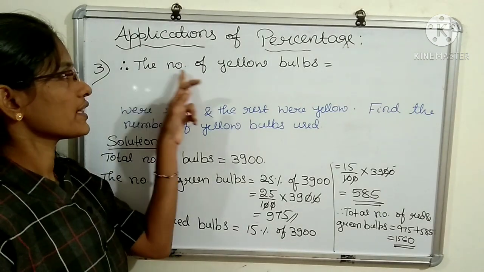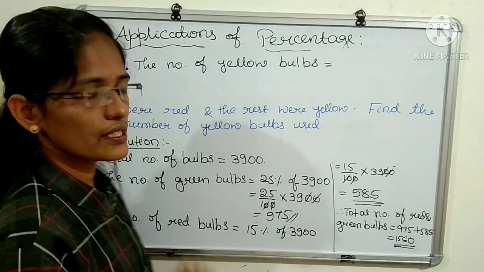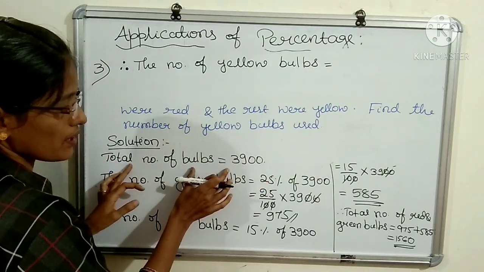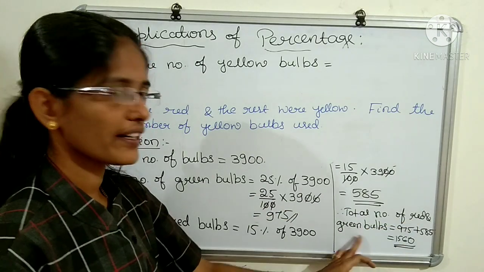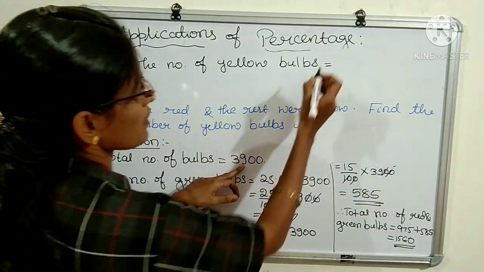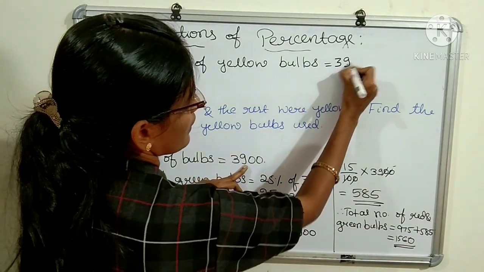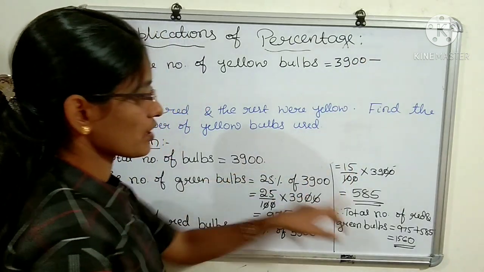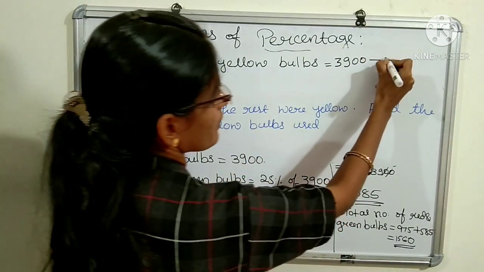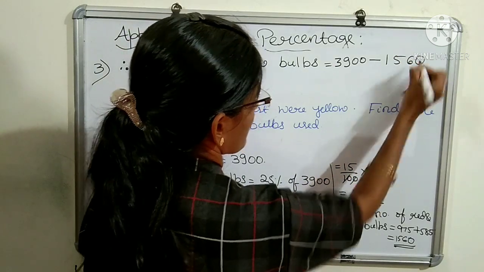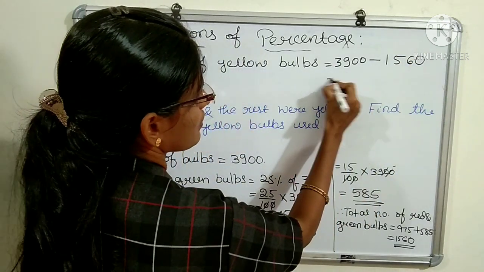Students, therefore the number of yellow bulbs equals total number of bulbs minus total number of red and green bulbs. Total number of bulbs how much? 3,900 minus total number of red and green bulbs, 1560. Now we have to subtract.